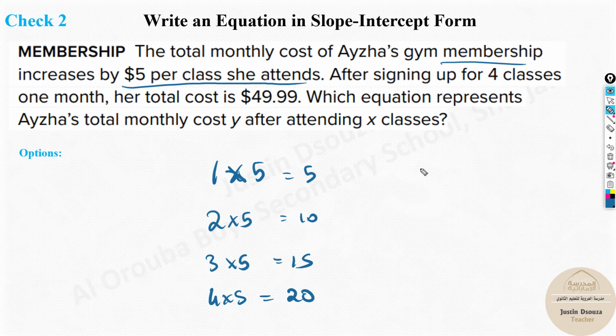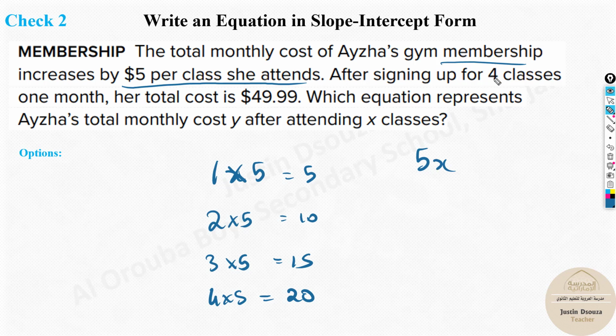So you need to pay certain membership first, and then for each class you pay one particular rate. So here we need to know the membership first, because we know the rate per each class is 5, so it's basically 5x, the slope is 5x, so that is fine. But what is the membership?